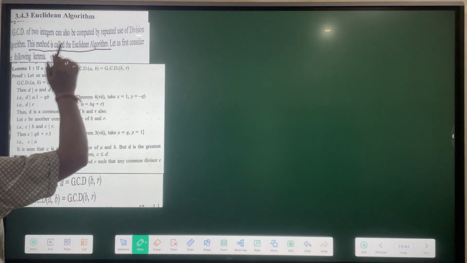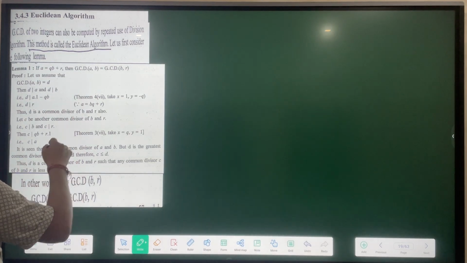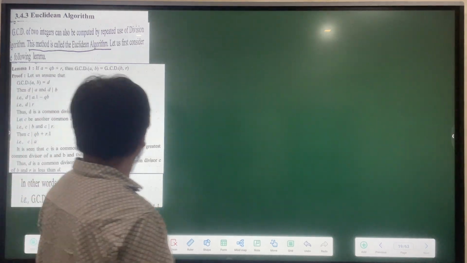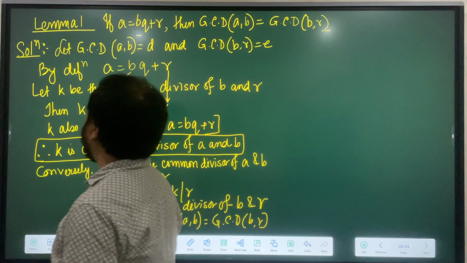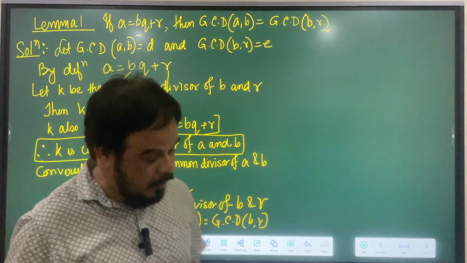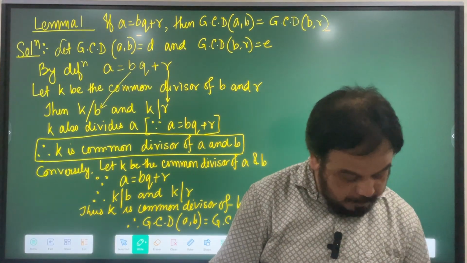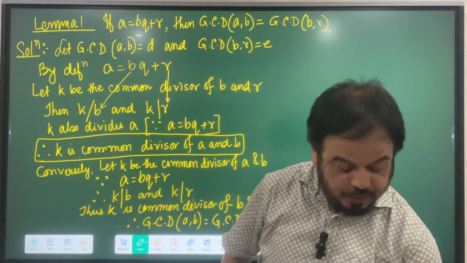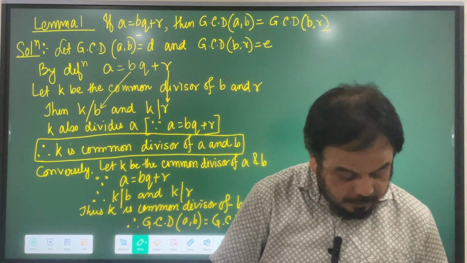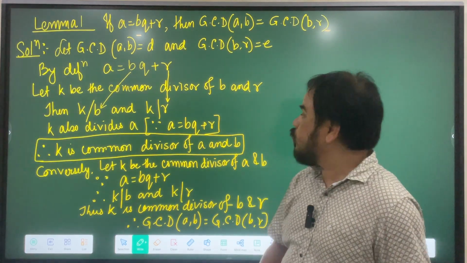The method is called the Euclidean algorithm. This one you will see yourself, then you may understand. Lemma 1 is given on page number 119 in the book, which you can understand.